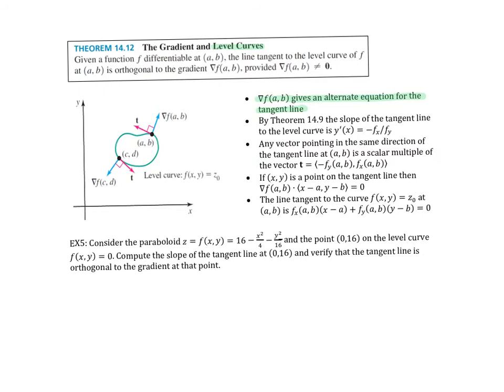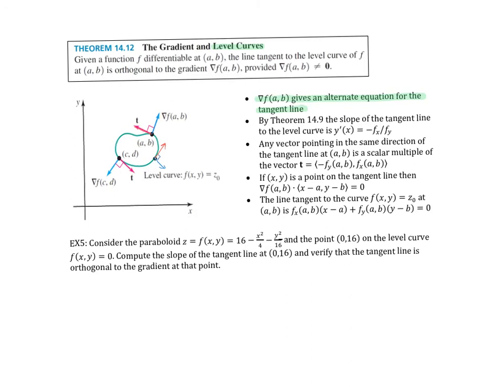Let's look at this diagram. Let's say we have this level curve, so that would be the green curve. The property of a tangent vector, here that would be this curve in pink, and the gradient vector at any point of a level curve is that they're going to be orthogonal. So you pick any point on your level curve, and you look at your tangent vector, and you look at your gradient vector, and they will always be orthogonal. And that's really important.